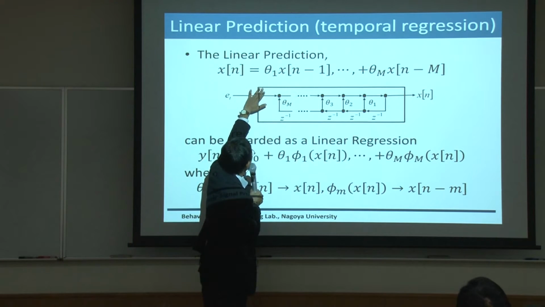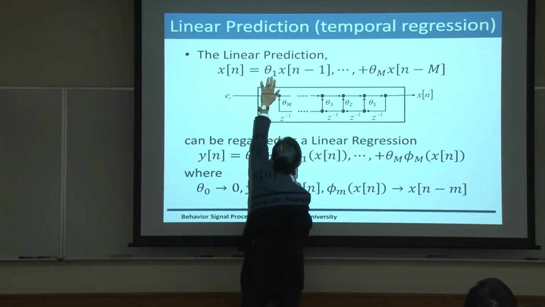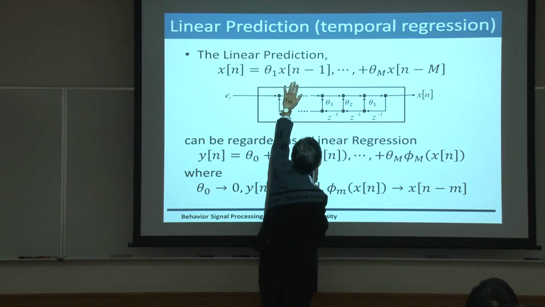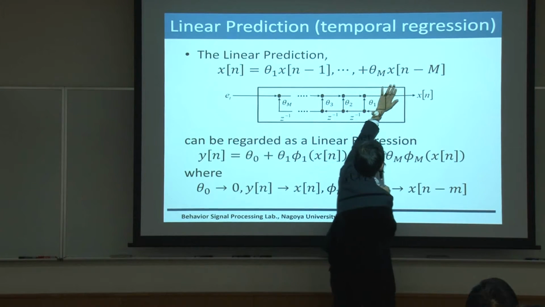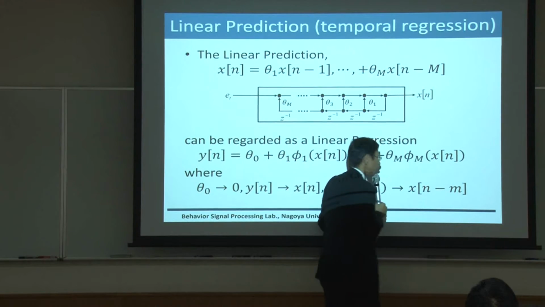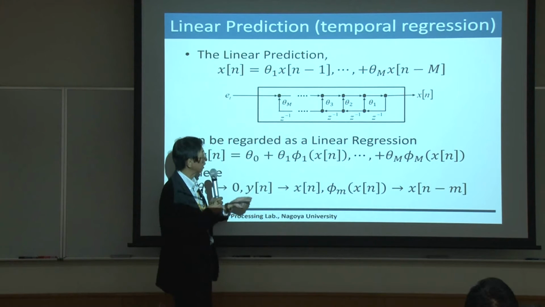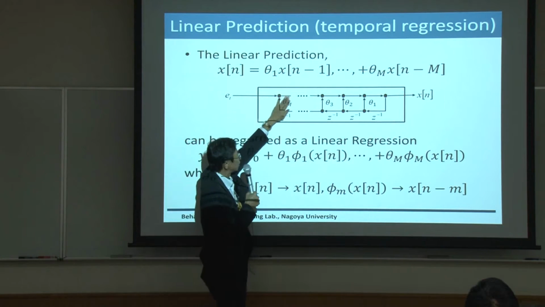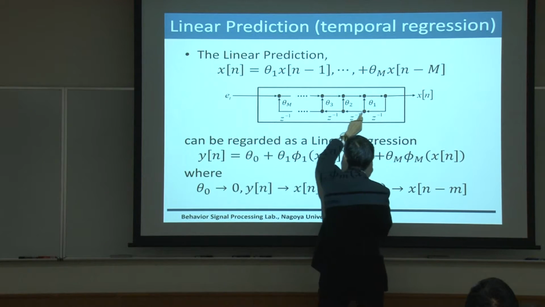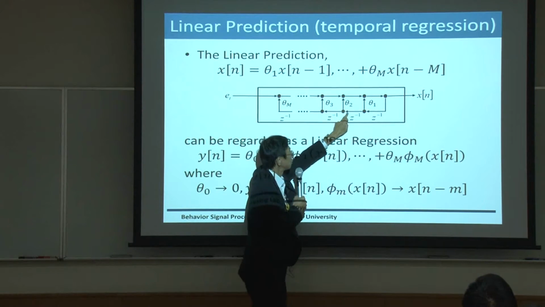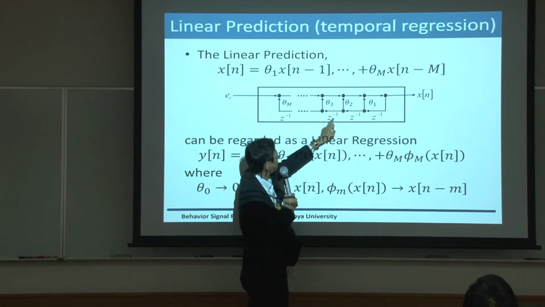Here's the form. We have xn, which is described with the sum of xn minus 1, xn minus 2, and so on, up to x minus large M. In a different representation, as a system block diagram, you can show something like this. xn will be fed back to the input side with a delay element.